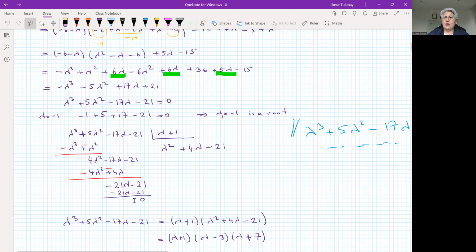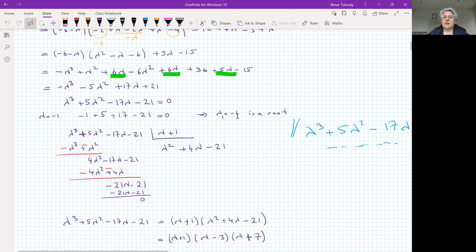If I don't have a 0, there's something wrong, because we should be able to write these equations as a product of a linear polynomial and a quadratic polynomial. Because lambda is -1 is a root, it means that it is divisible by lambda plus 1, as the theory tells you.